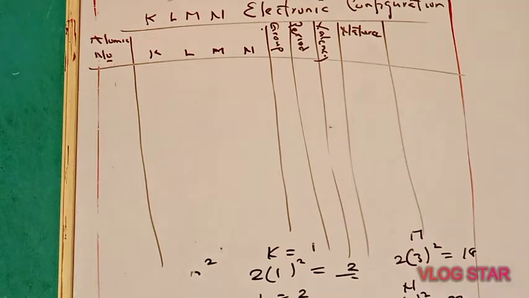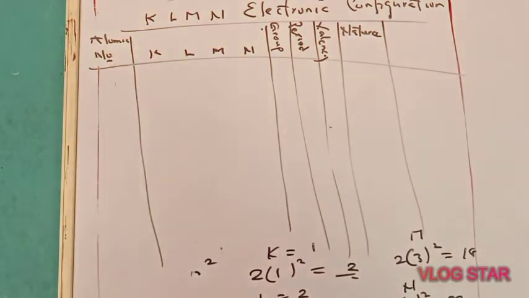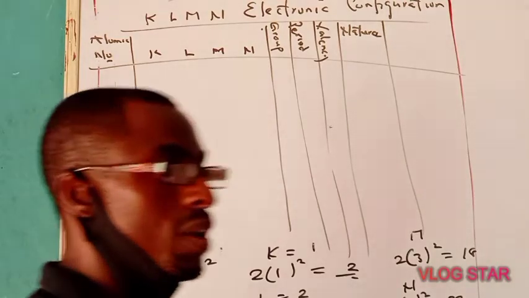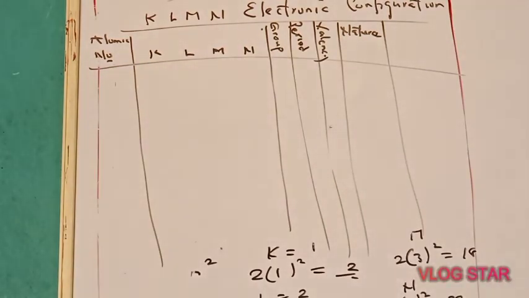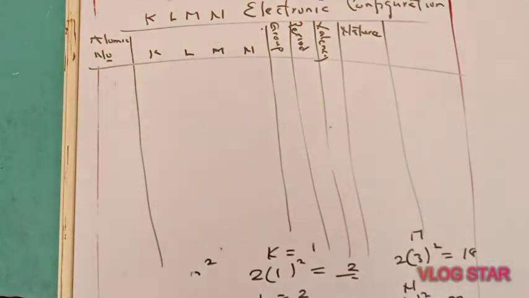But when there are more electrons in a shell, say in the outermost shell, sorry, please take note: when there are few electrons in the outermost shell, the last shell, then the atom is a metal. But when there are more electrons in the outermost shell, the atom is a non-metal.